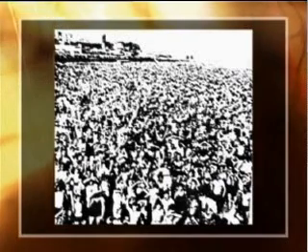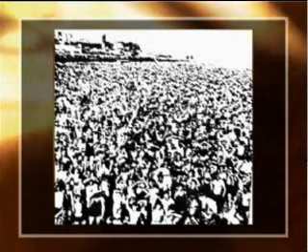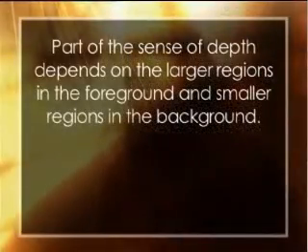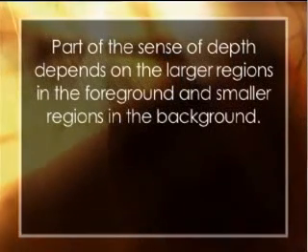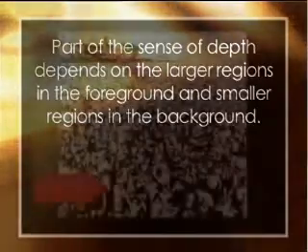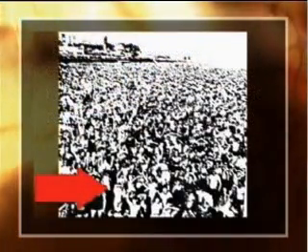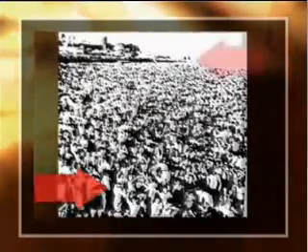Now, I don't know if these even look like separate people to you. It's not a very good picture. But this picture does seem to have depth to it. Part of that is a function of the parts up high looking further away, height in the visual field. But part of the sense of depth also depends upon the fact that the visual regions down here are larger than the visual regions up here.